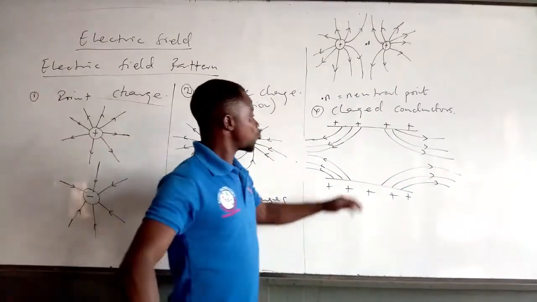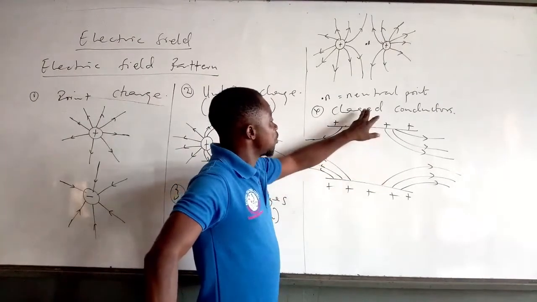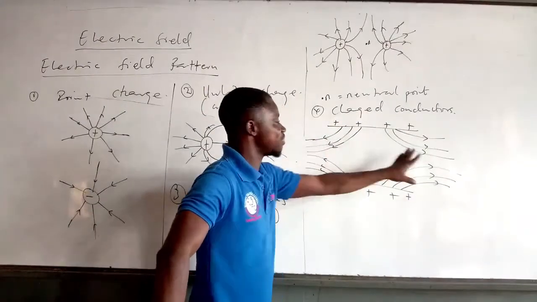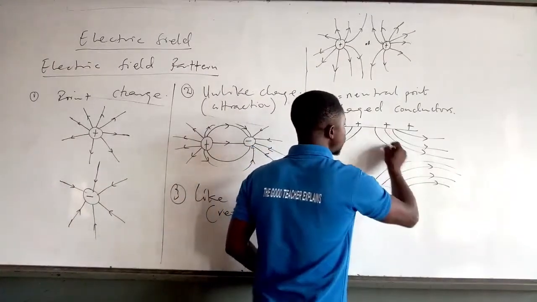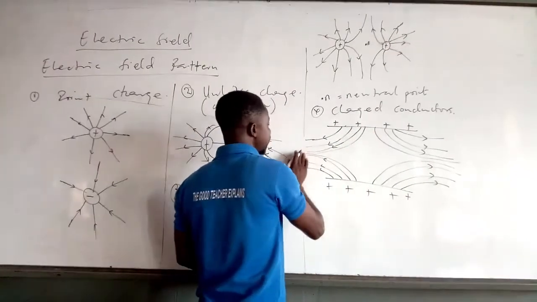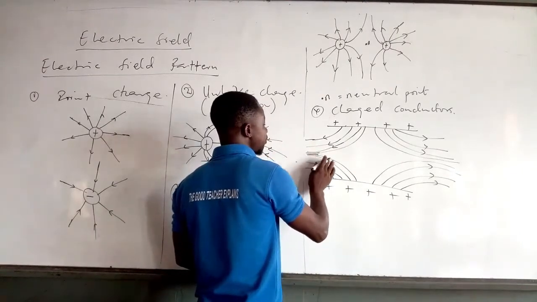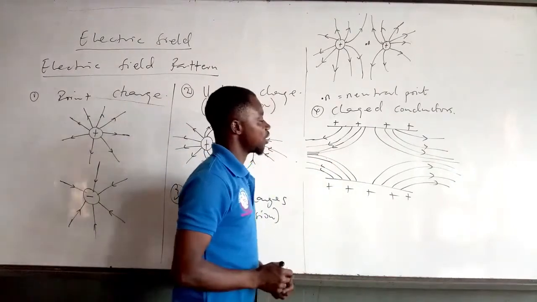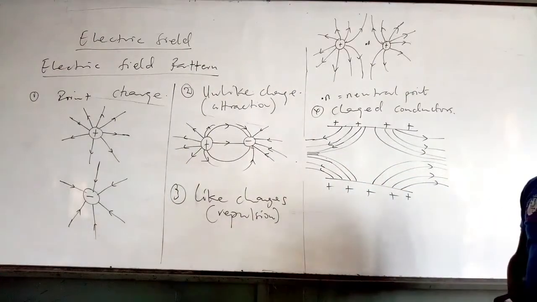So if we have two positively charged conductors, this is how the lines of force pattern behave. I can put a lot of them, but you realize that here they will interfere. I don't want them to interfere. That is why they are not supposed to be in contact with each other. Good. So this is how the lines of force pattern between them is going to be.